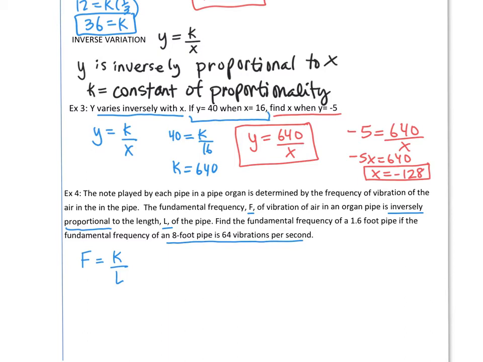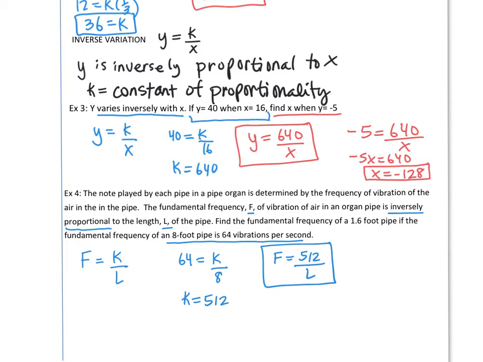Now we are looking for the fundamental frequency of a 1.6-foot pipe if the fundamental frequency of an 8-foot pipe is 64. We can use that to find out what k is. So 64 is equal to k divided by the length, which is 8. I'd have to multiply both sides by 8, so k would be 512. So my equation is F equal to 512 divided by L. Now we're going to solve the question.